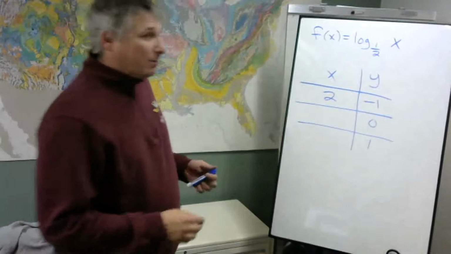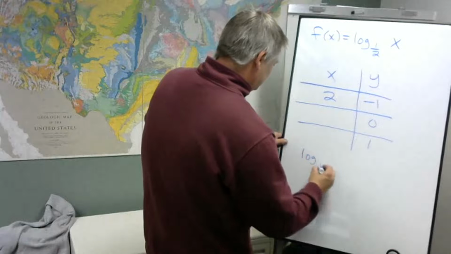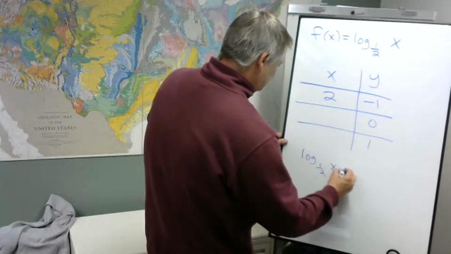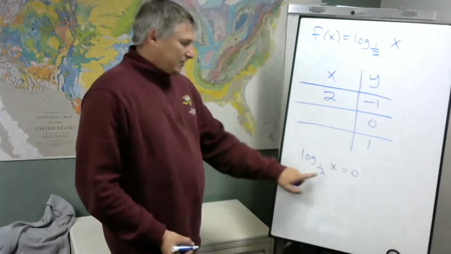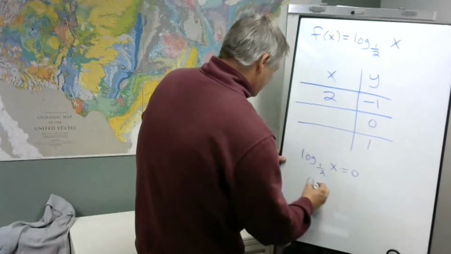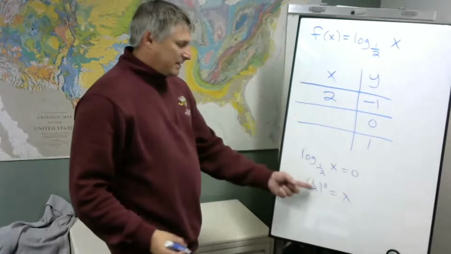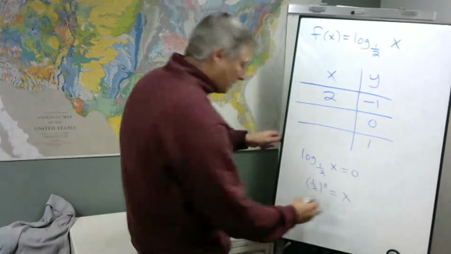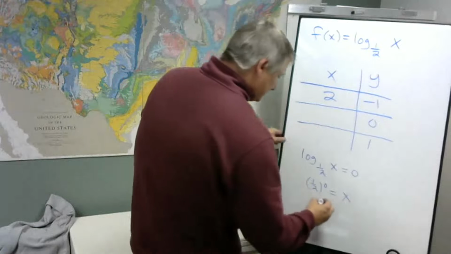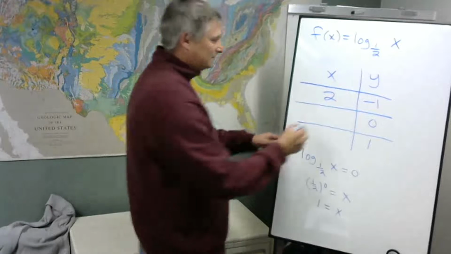Now let's suppose you have an output of 0. So 1/2 to the 0 gives you x. And then anything to the 0 power, that's just 1 other than 0 itself. That's 1 equals x.